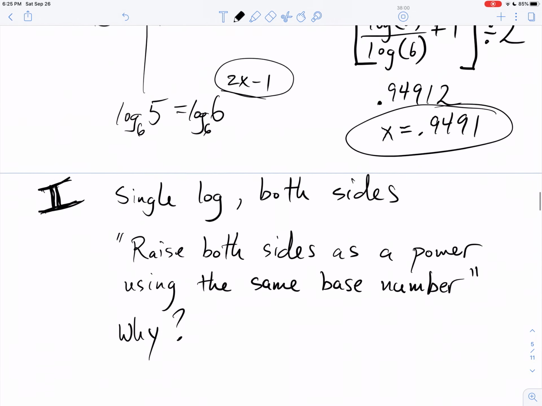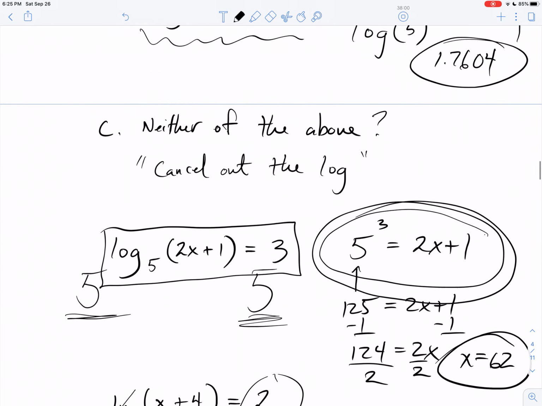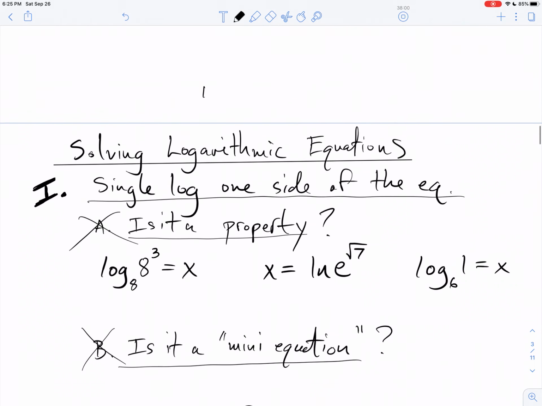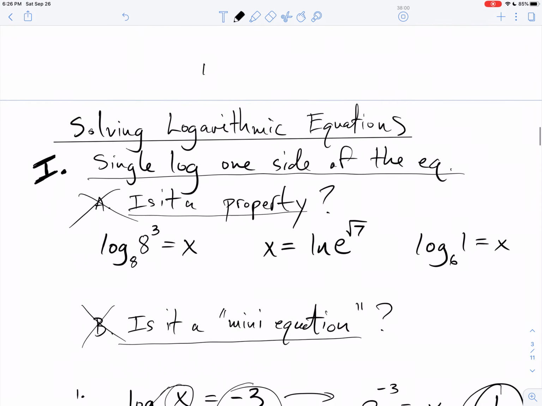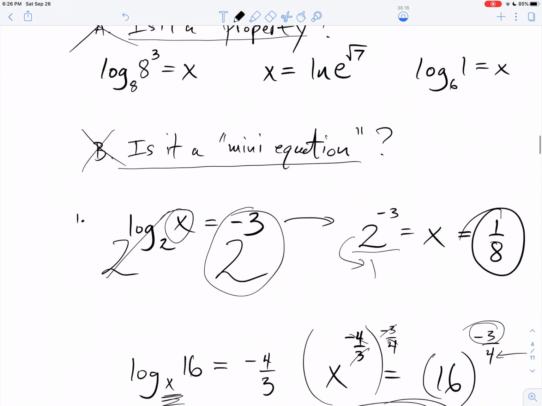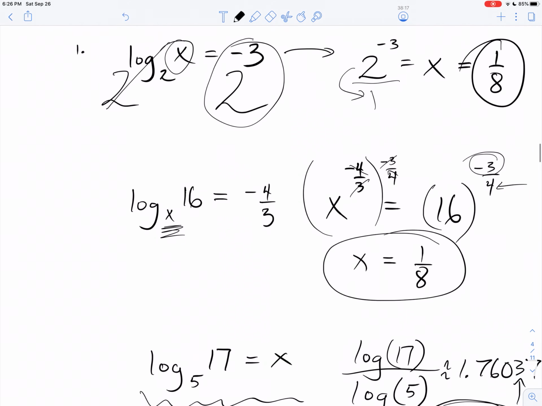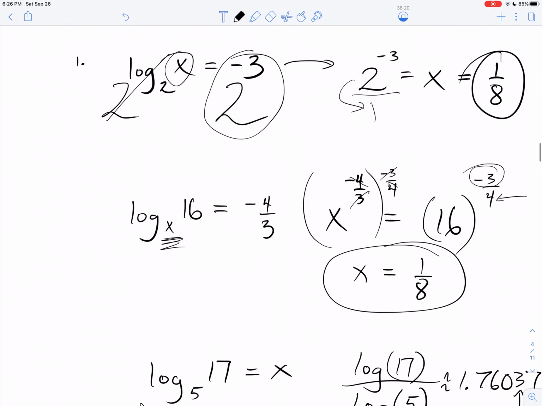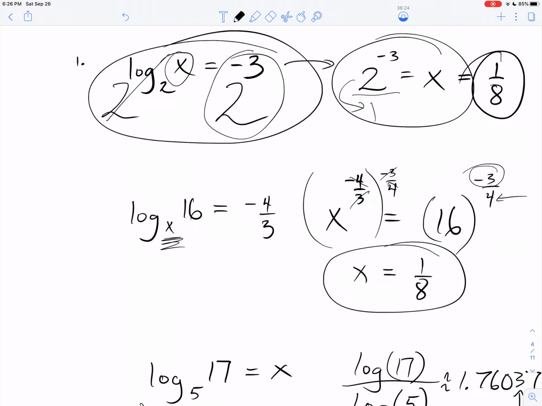And then, of course, we started back here with, sometimes it's just a property you're staring at. Sometimes it's a mini equation you're staring at. And if it's a mini equation, you're either going to convert it with this technique or convert it by doing base stays the base flip-flop.